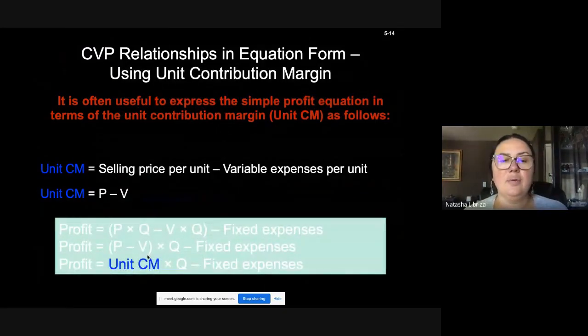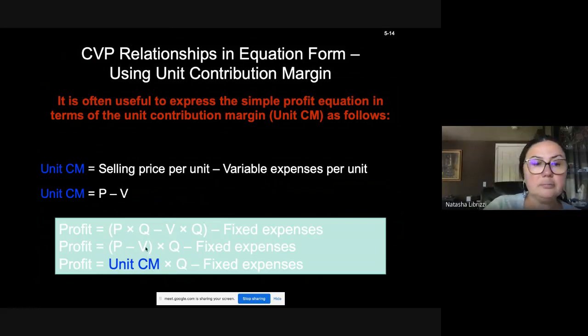So we can take this formula a little bit further, and we can start playing with that by saying, well, if profit equals price times quantity minus variable cost times quantity minus fixed expense, therefore profit also equals unit contribution margin times quantity minus fixed expense. All we did was factor out a Q here, and price minus variable cost is your contribution margin.